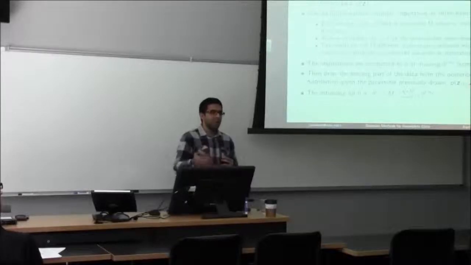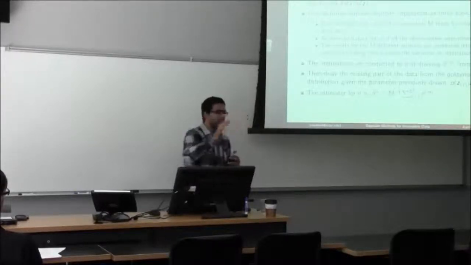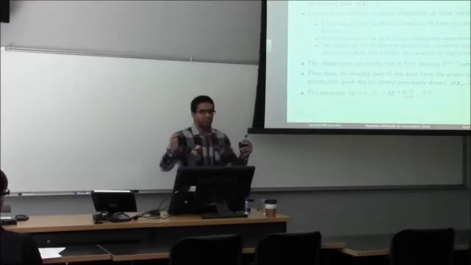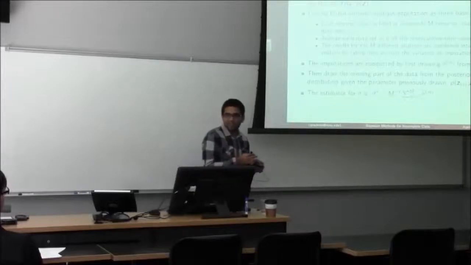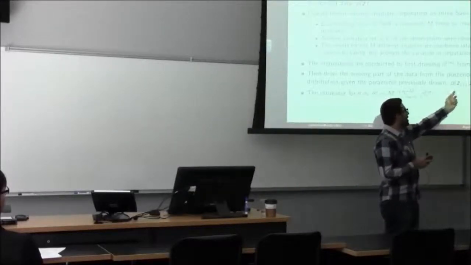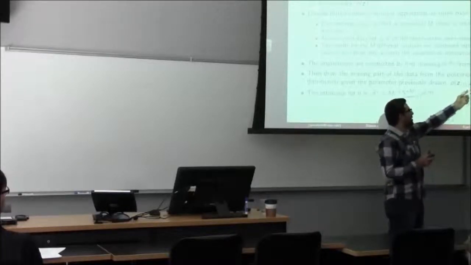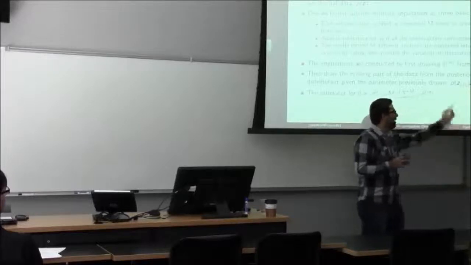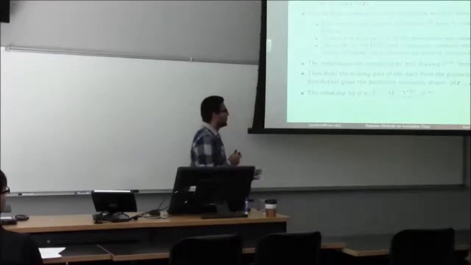So now if I take m draws of theta, and then draw from the predictive distribution indexed by theta m, that's going to give me more variation, which would make me feel more comfortable with what I'm doing. So after you draw theta m, you impute the missing values by predicting the missing part of z conditional on the observed part and the theta that you drew from your predictive or posterior distribution.